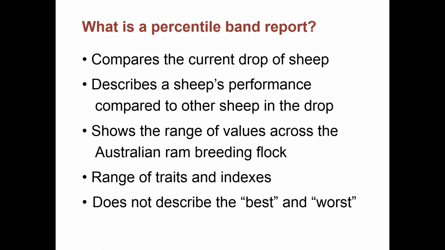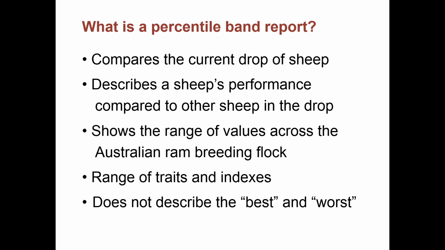It describes a sheep's performance compared to all the other sheep in the drop, across the full range of rams in that particular analysis. And we have it for both individual traits and indexes.